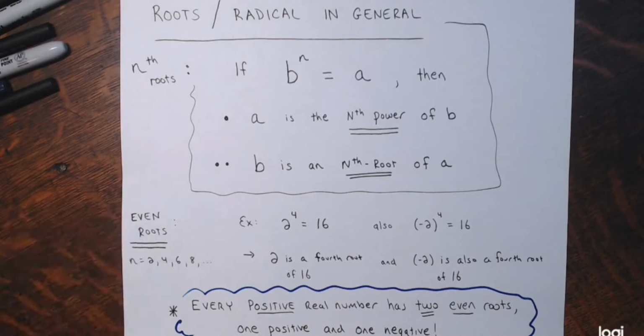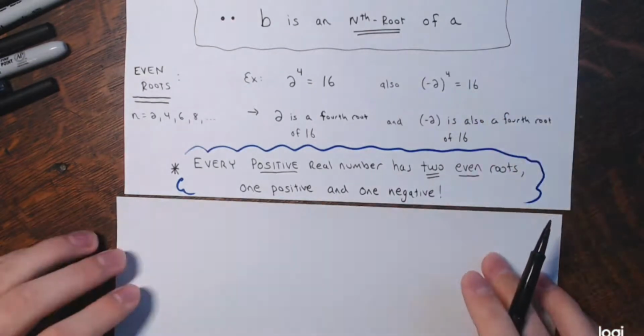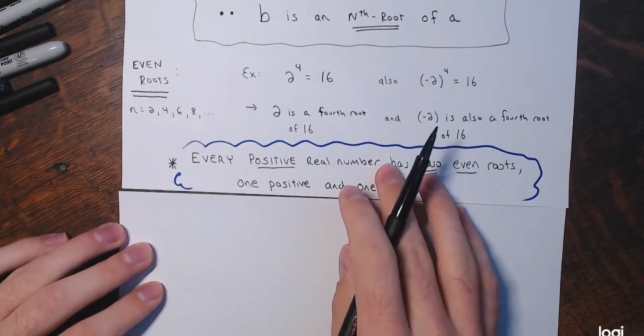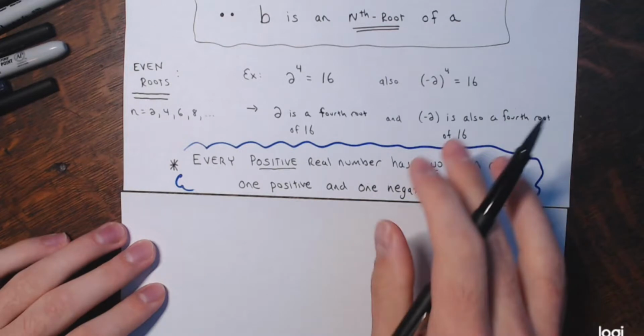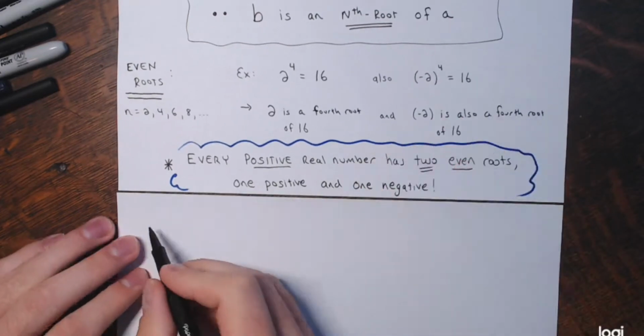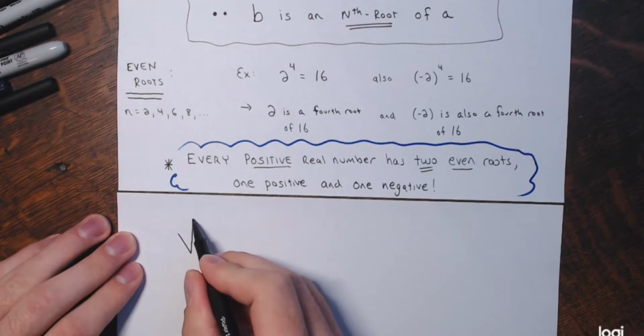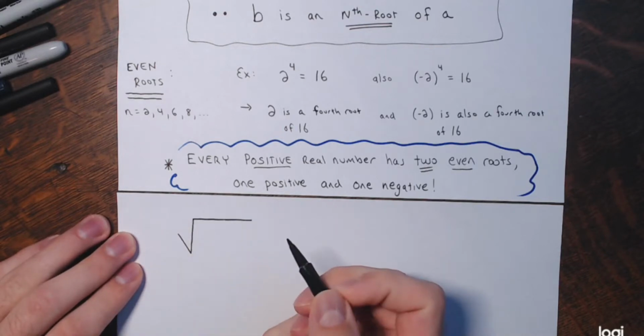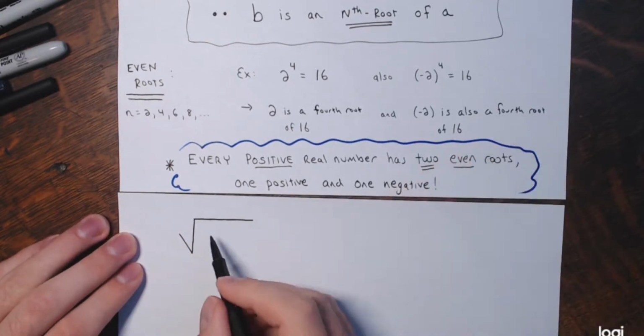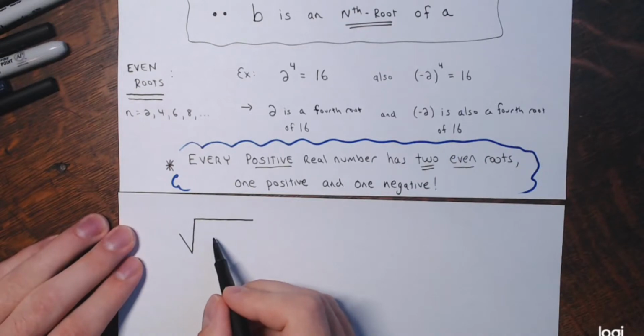Just like roots earlier, you see the radical symbol. Say I'm taking the nth root of a.